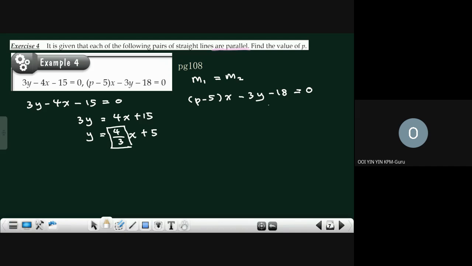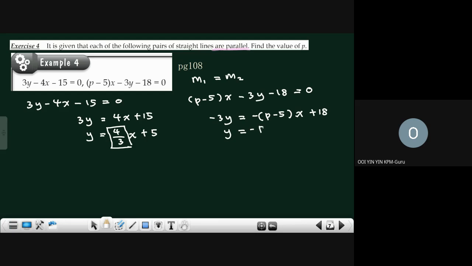And then here, same as before, negative 3y remains here, and your x and your 18 move to the other side. You get negative p minus 5x, and then your negative 18 becomes positive 18 here. I want y only, that means I have to divide by negative 3.